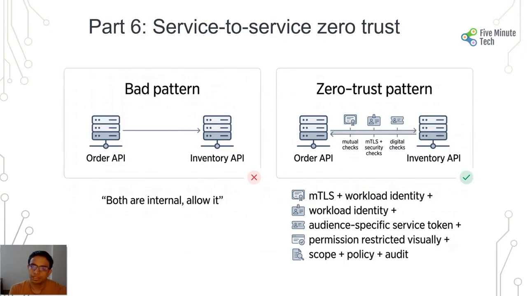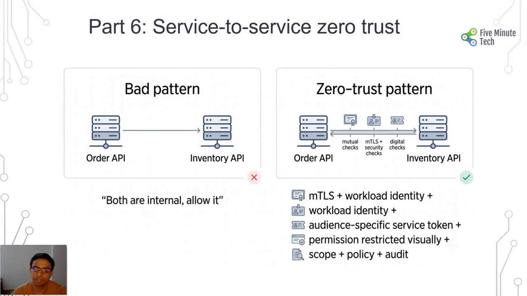Now, part 6 is our service-to-service zero trust. External API security is only half the story. In microservices, the most dangerous trust assumption is often east-west communication, that is, service-to-service calls inside the platform. Now, if the order API can call every internal service just because it is inside the cluster, then compromising the order API gives an attacker a broad path for lateral movement.